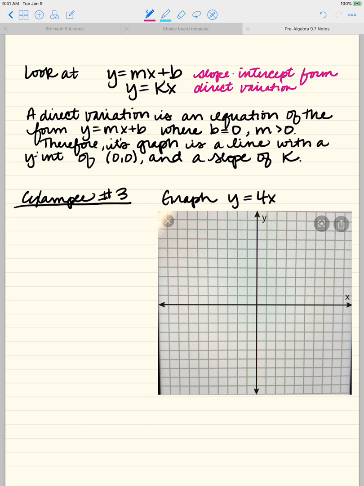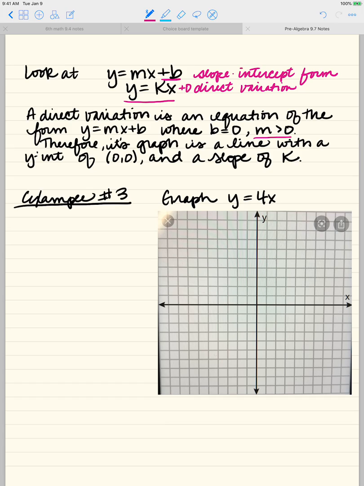They look pretty similar with the exception of the fact that we have this plus b in our slope-intercept form. Okay? A direct variation is an equation of the form y equals mx plus b where b is always 0 and m is greater than 0. Okay? It's as if we could write in this plus 0 here.